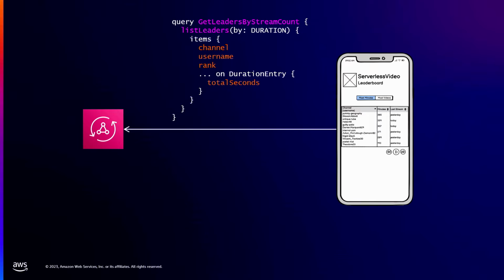So in this case, we're going to return the channel ID, the username, the rank, and then the total number of seconds that channel has streamed for. Again, there's only one endpoint that our client needs to know about, but it uses that GraphQL schema to understand what the query payload needs to look like.